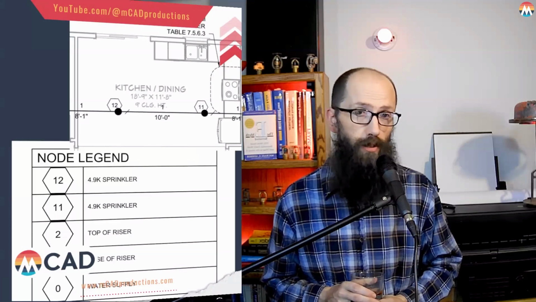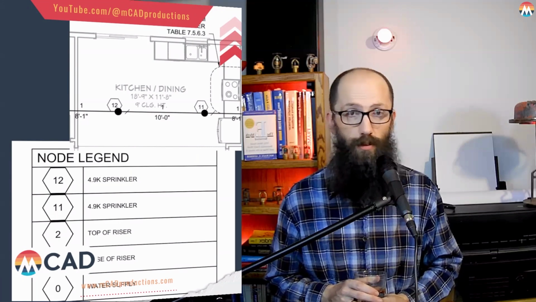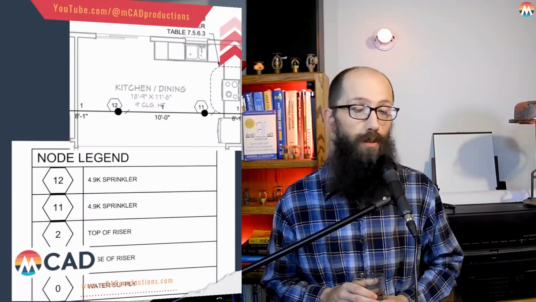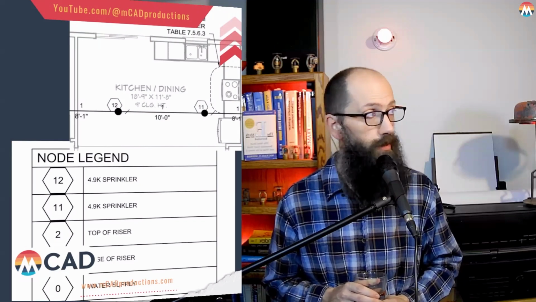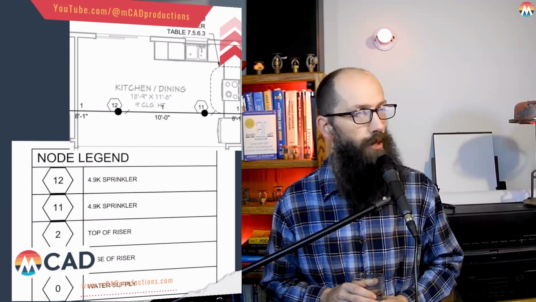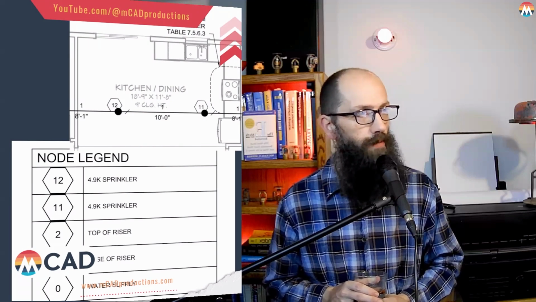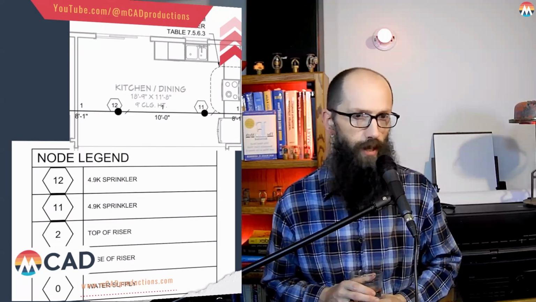And if you guys are curious about the process, in that video I mentioned, we show entering all of the information between the nodes in Sygma, how that works. On our node legend, we have the 4.9K sprinkler, and we just have that generically on there.